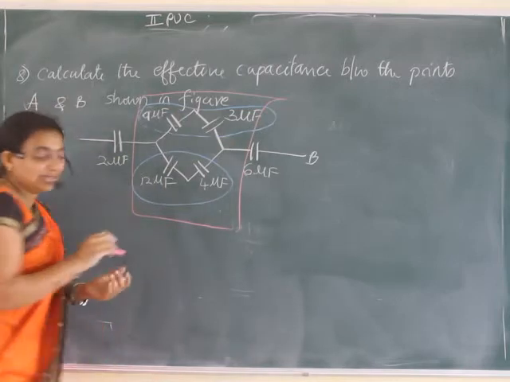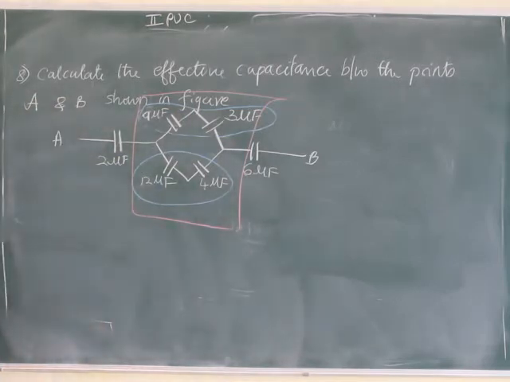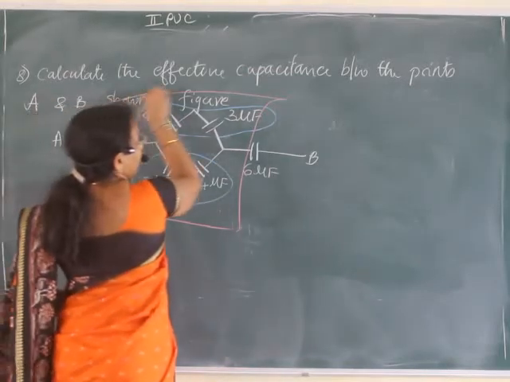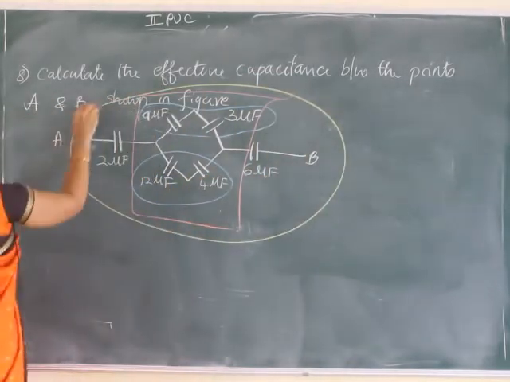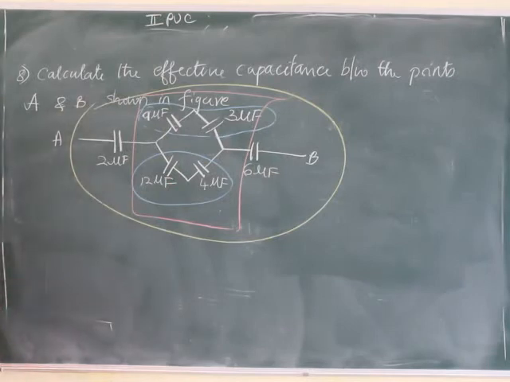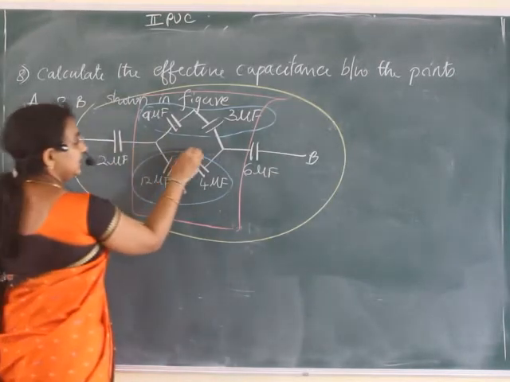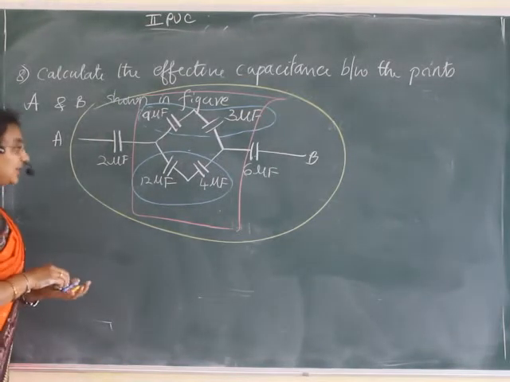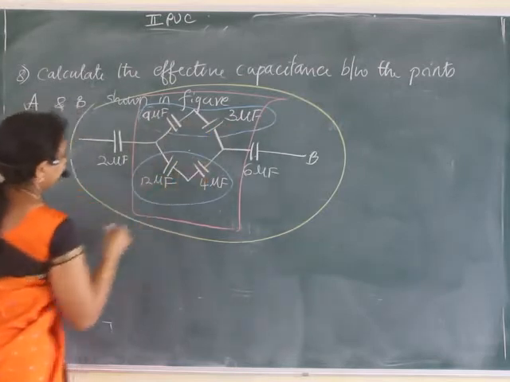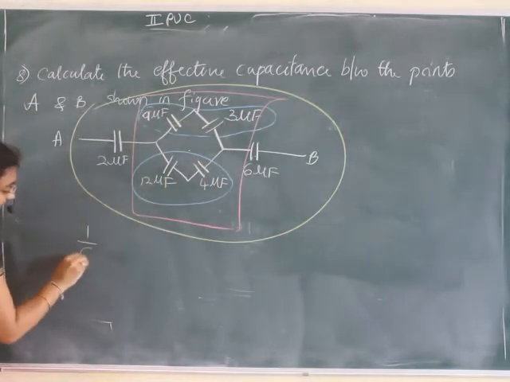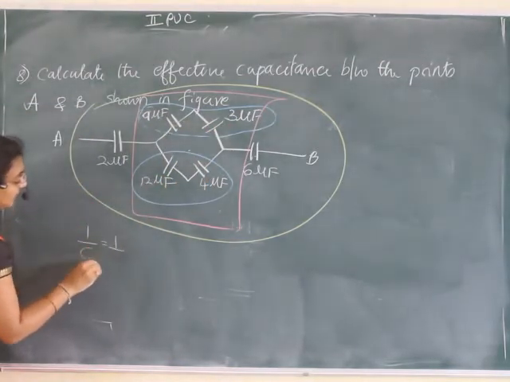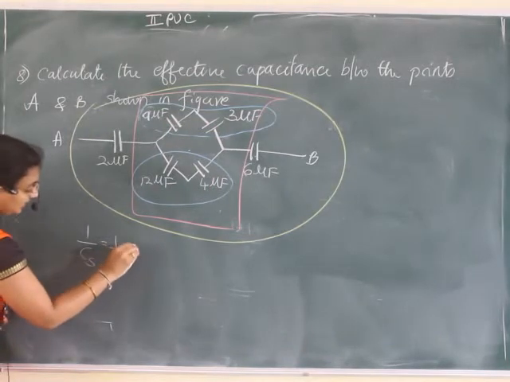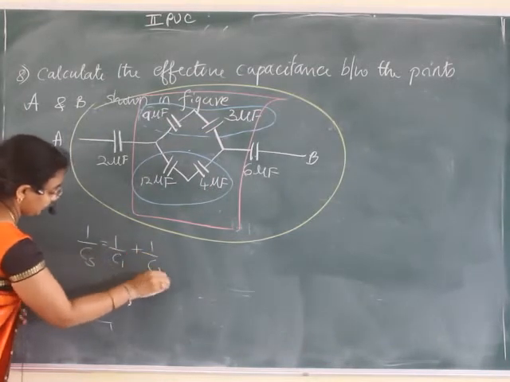And then finally the third one for the whole. Correct? That is series, series, series. I'll redraw this. See here. First we will consider 9 and 3. 1 by Cs is equal to 1 by C1 plus 1 by C2.